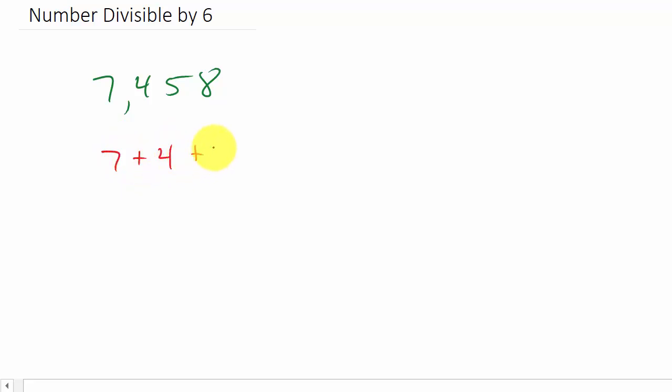So we can add all the digits up. Okay, so 7 plus 4, that's 11, plus 5 is 16, and 16 plus 8 is 24. Well, 24 divided by 3 is equal to 8.